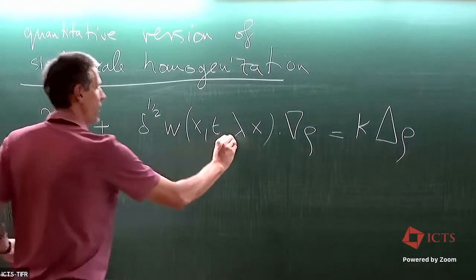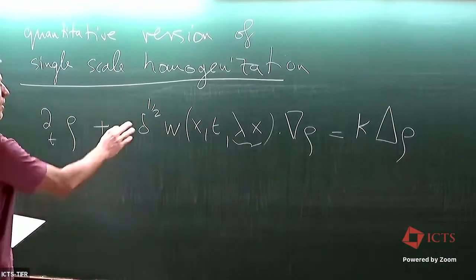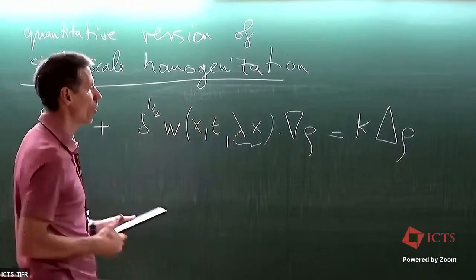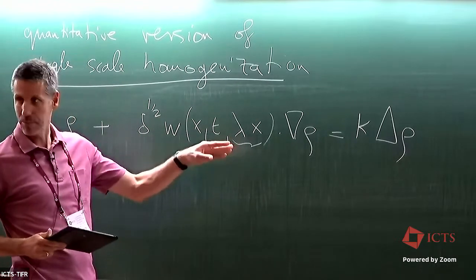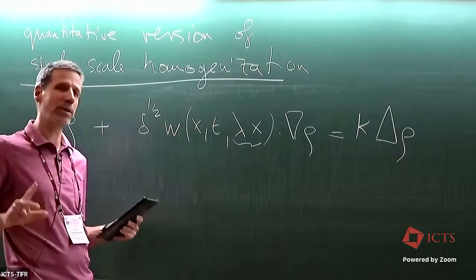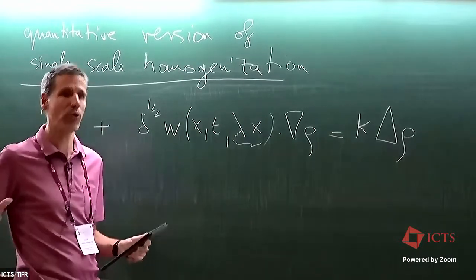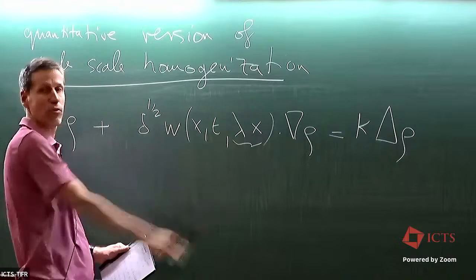So this is periodic in this variable, the delta is fixed, and we want to do essentially homogenization with lambda large. But as I said yesterday, we don't want lambda going to infinity because then this would be the wrong scaling.